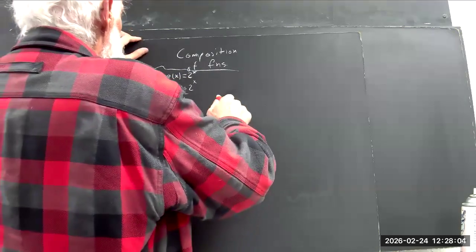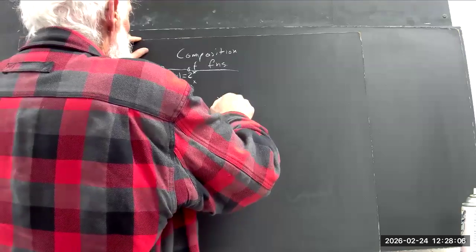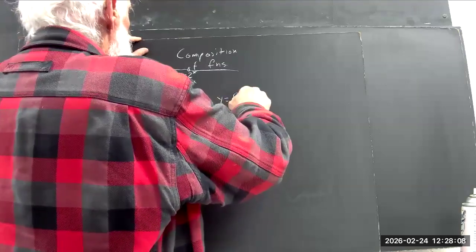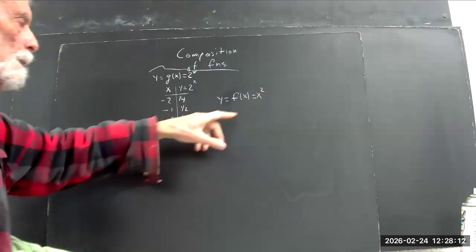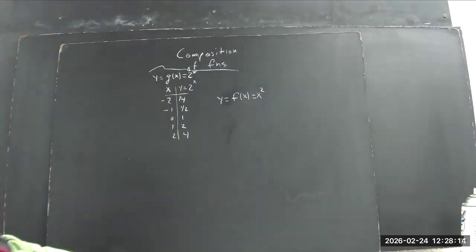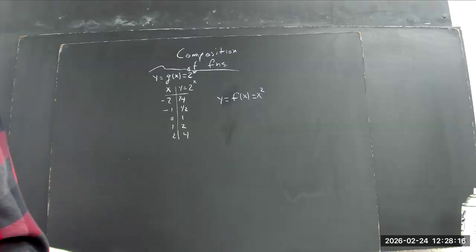Here's your table. And we're going to let f of x equal x squared. Now we could make a table for x squared, but it's not going to be all that helpful in what we have to do.